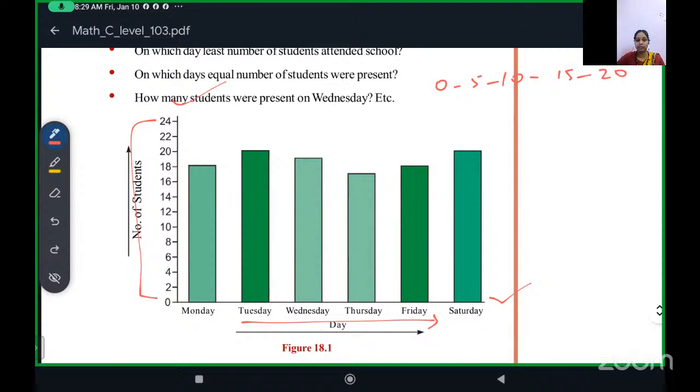Right now we took multiples of 2: 0, 2, 4, 6, 8. It can be 5, 10, 15, 20. It can be 10, then 0, 10, 20, 30. So it depends on the data, what sort of data you are having. According to that only, we decide what range will go here in number of students.